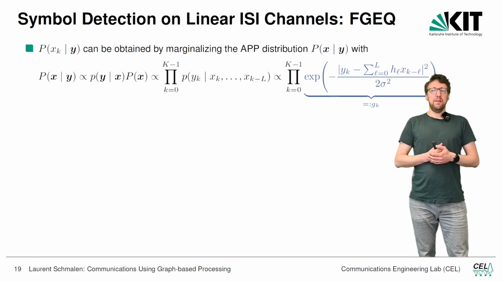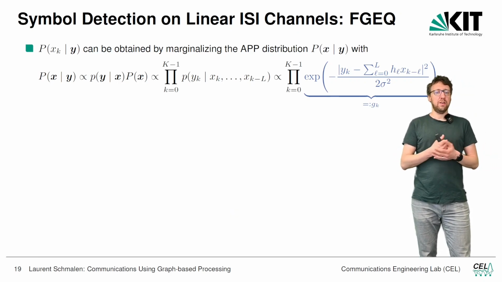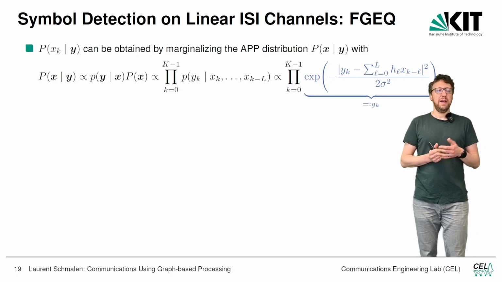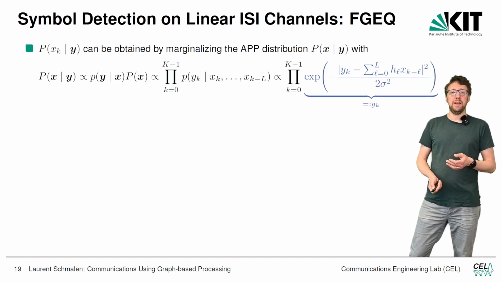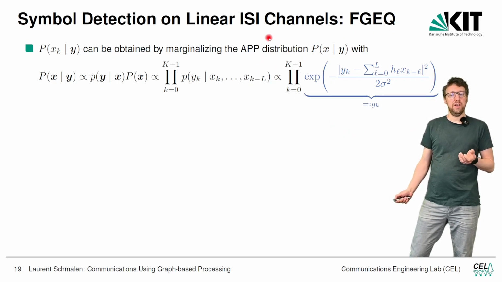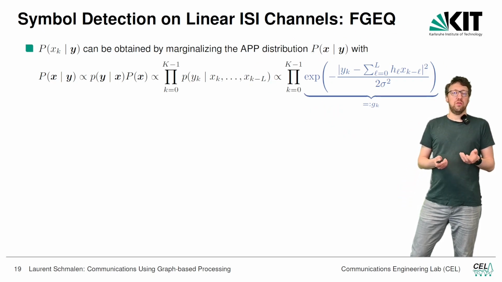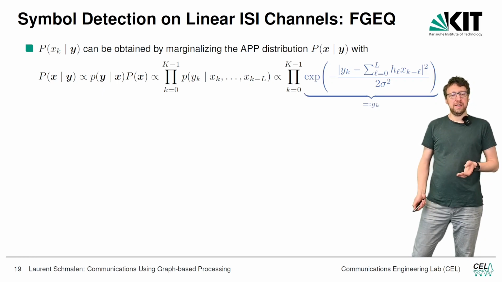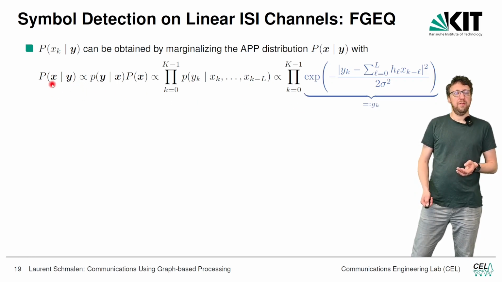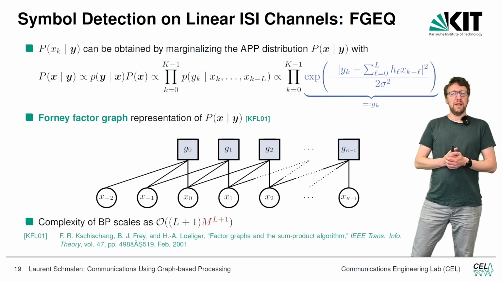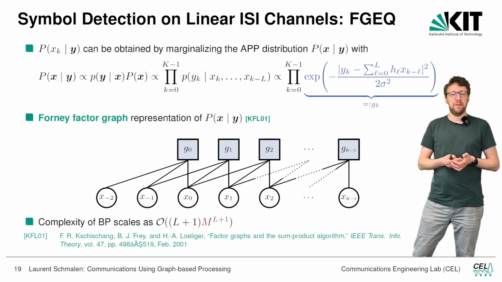So we can use the factor graph representation, a factor graph based equalizer, by writing P of x given y, this probability distribution, as a product of these terms. So we have a factorization, and we can draw a factor graph. The factor graph looks like this. This is a so-called Forney style factor graph, drawn down here.